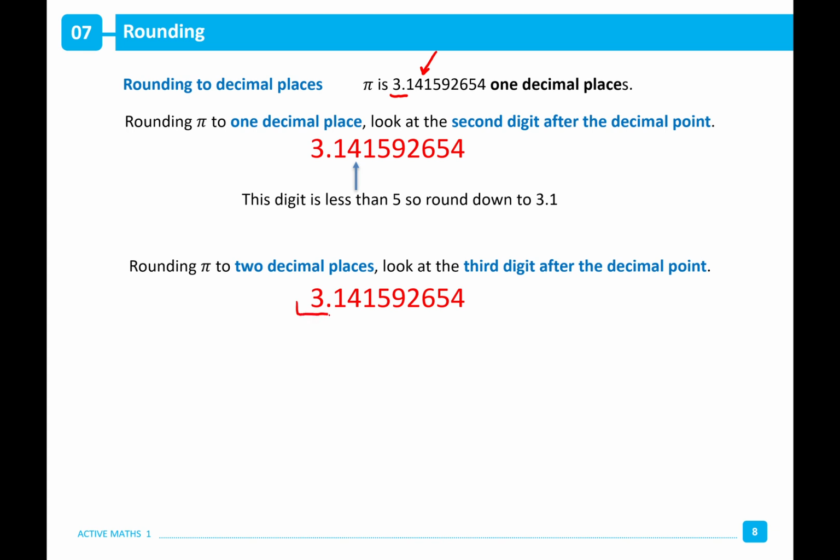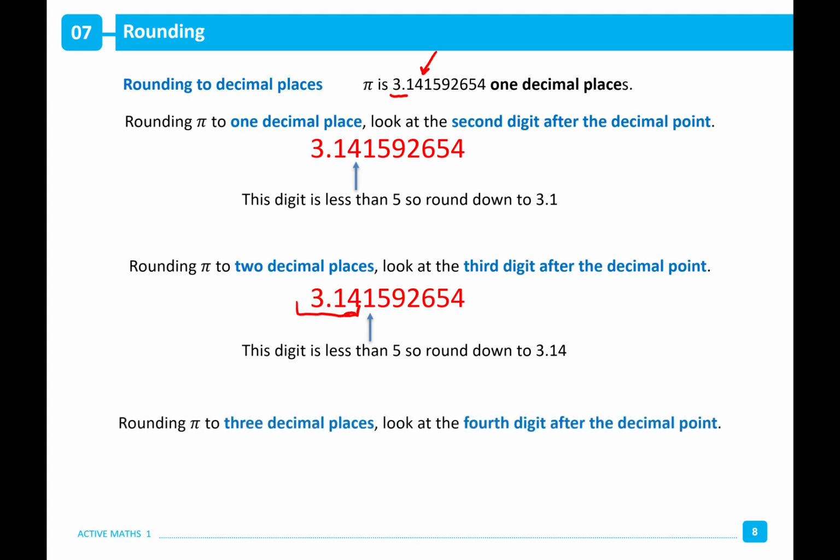This number is less than 5, so we round down our second decimal place. This gives us 3.14.